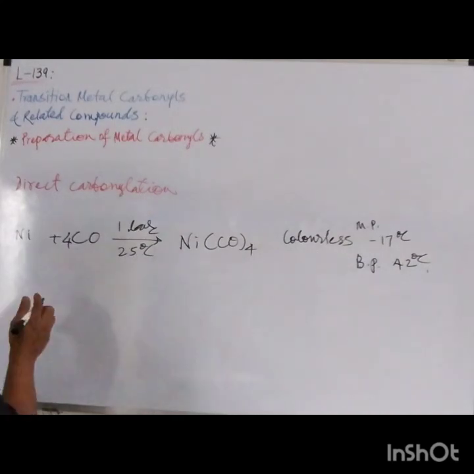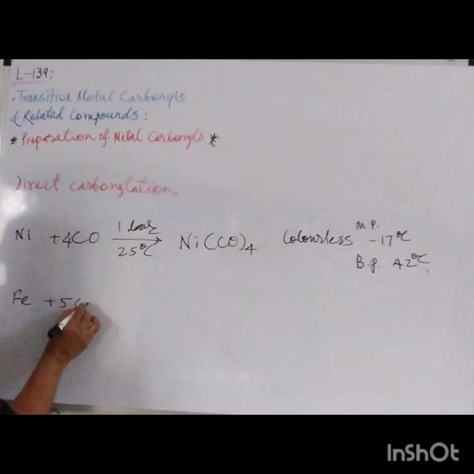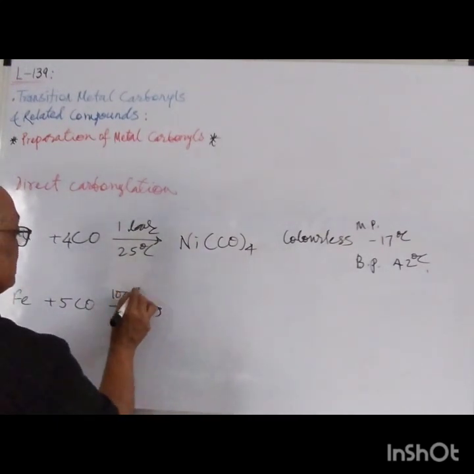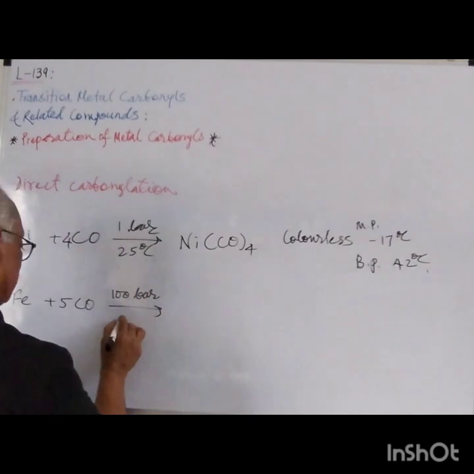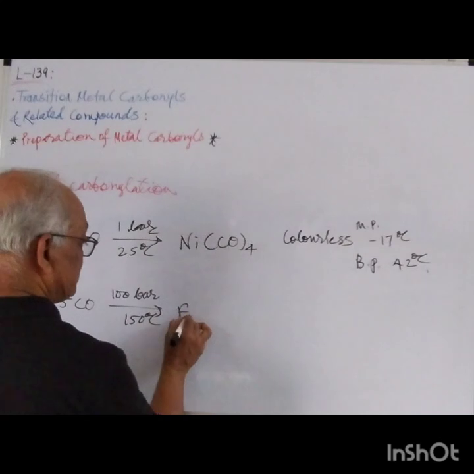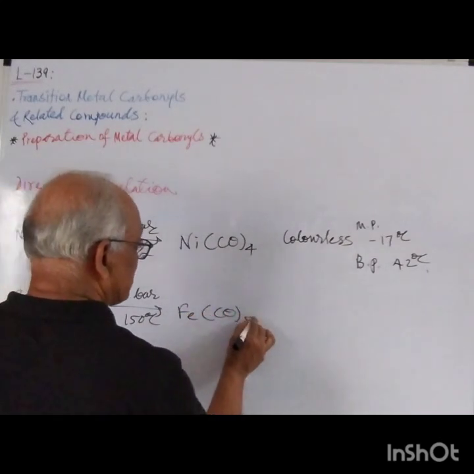Another reaction is Fe plus 5 carbon monoxide under the conditions of 100 bar pressure and 150 degrees centigrade temperature, and it gives Fe(CO)5.